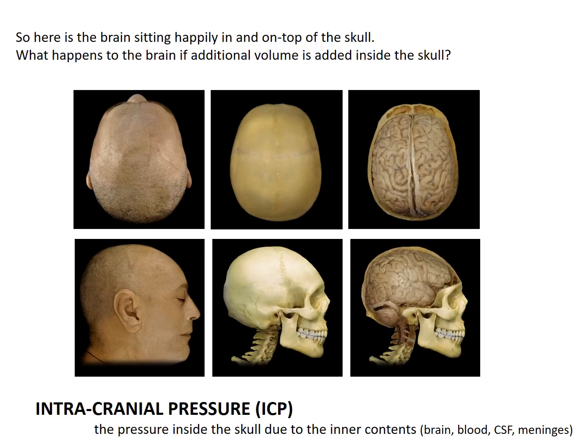Well, that can't happen in the brain. You can keep adding more and more pressure in there, but the skull's not going to blow up. What's going to happen is the brain is going to shift, and we call that herniation, and that can be devastating. So the first thing we're going to talk about with respect to pathology is elevation of intracranial pressure.